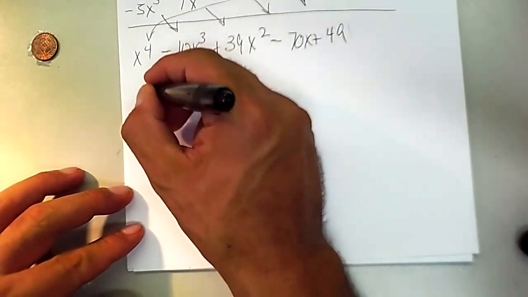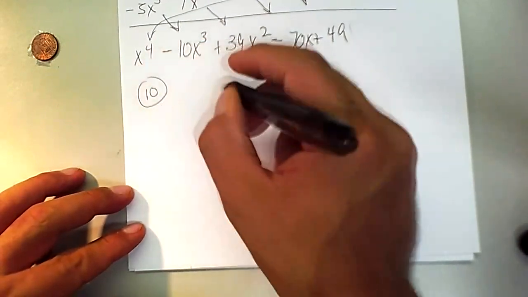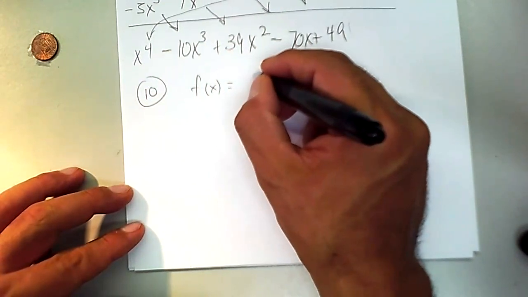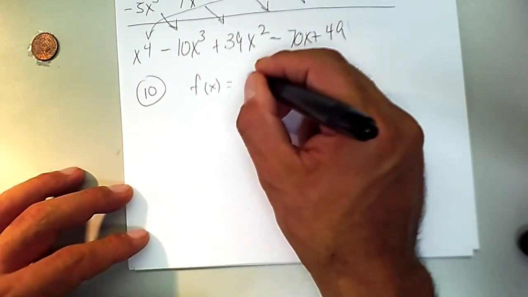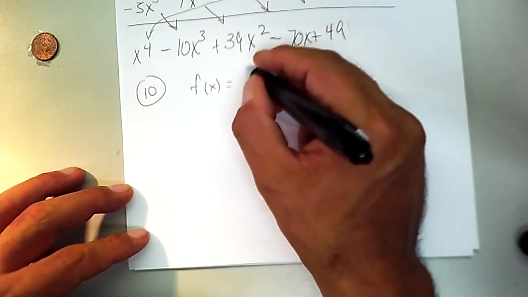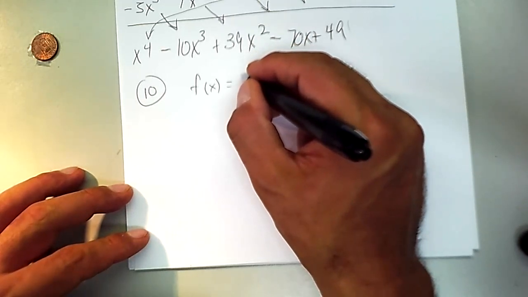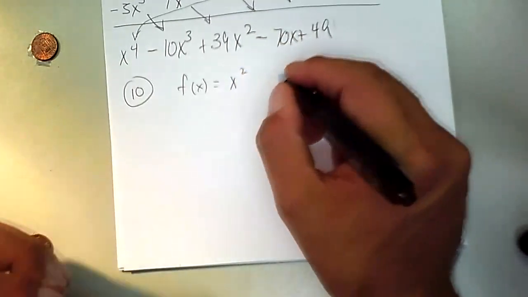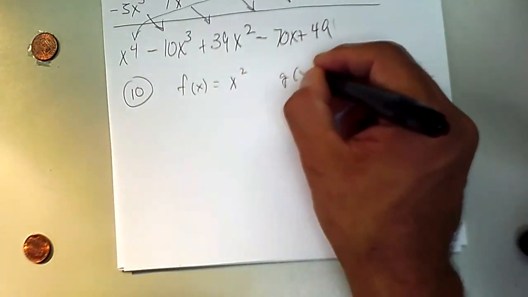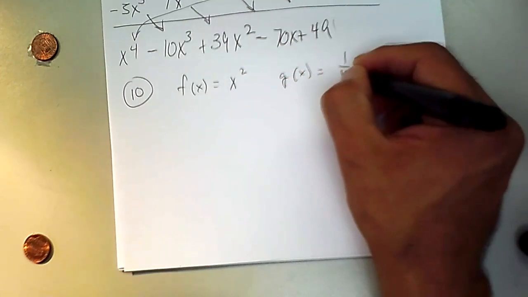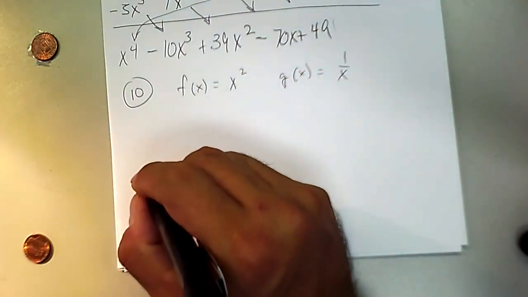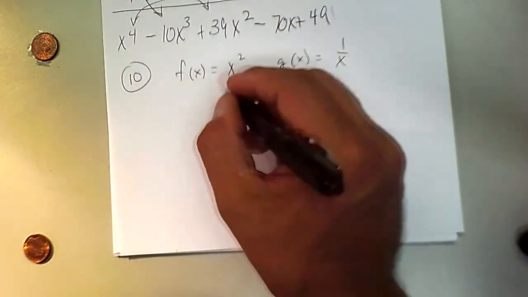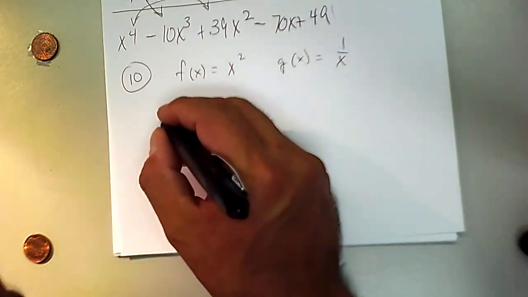Okay, so example 10 is going to be simple. Let's say f of x is x squared, and g of x is going to be 1 over x. Yeah, so this is not difficult. I just want to show how x squared works.